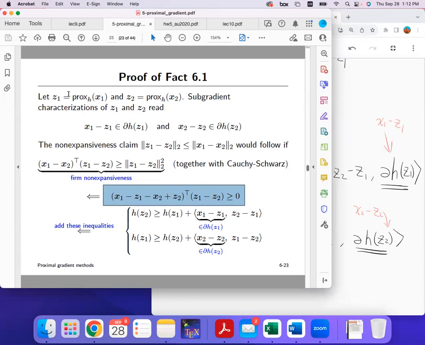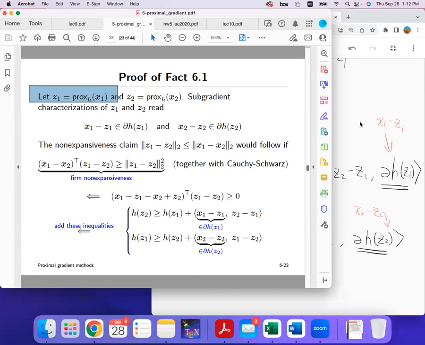You can see that even for the proximal mapping, these points are related through this subdifferential inclusion equation. So the proximal mapping, this operator, is related to the subdifferential operator in such a way.